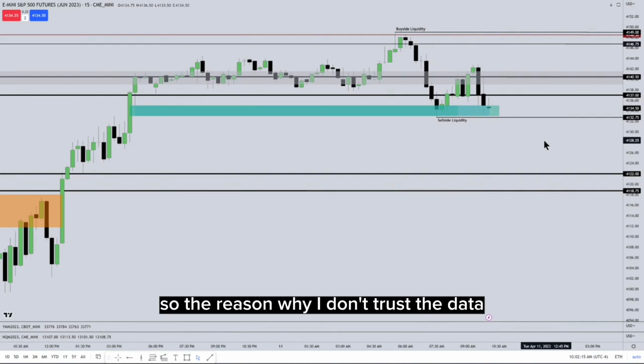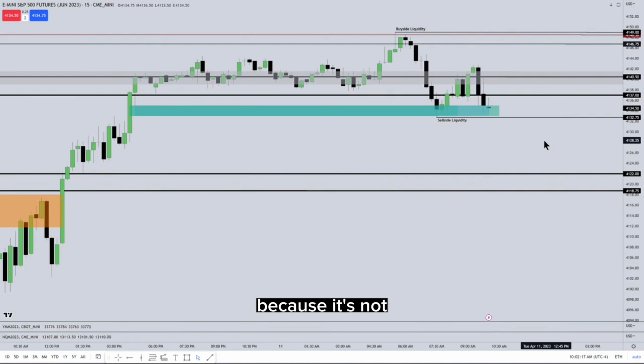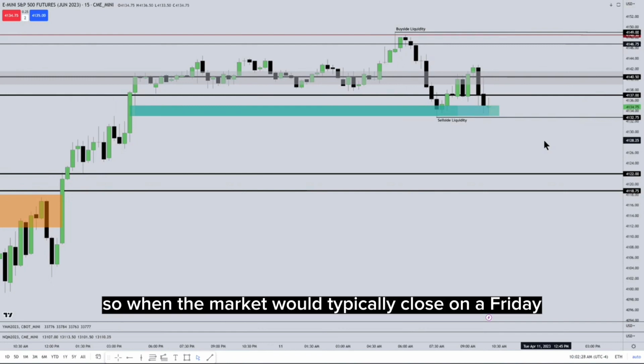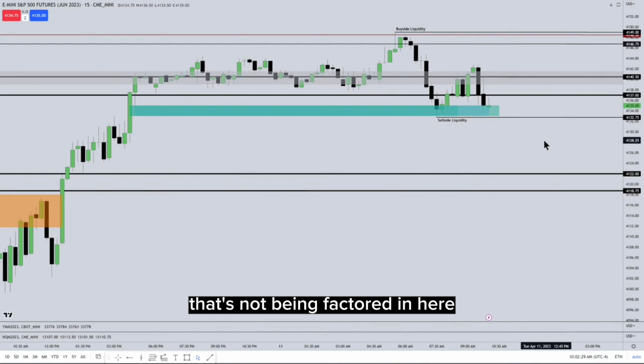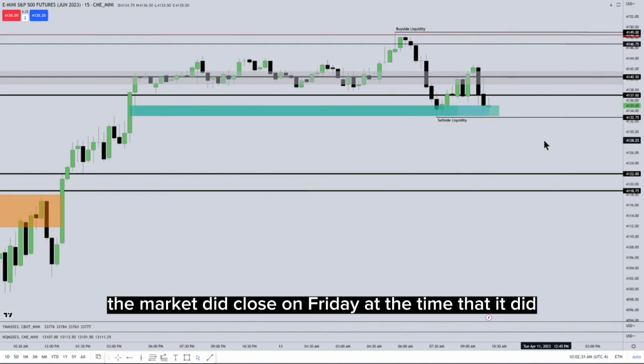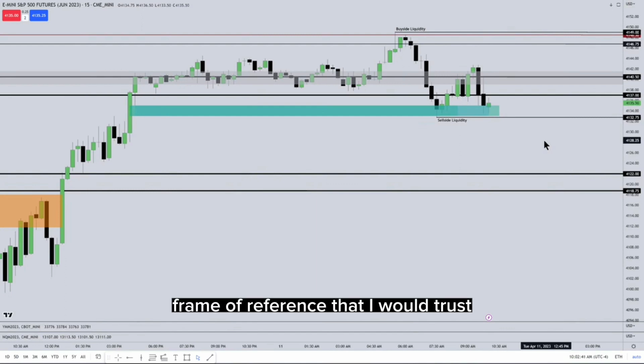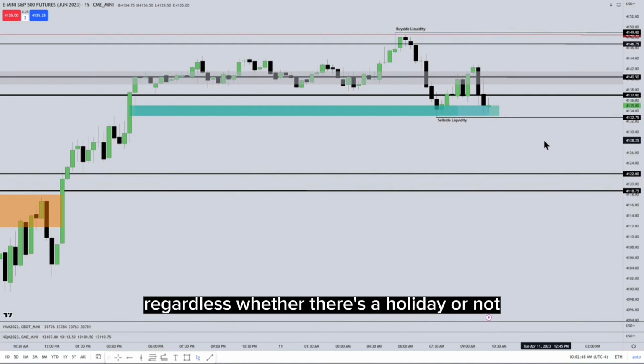The reason why I don't trust the data is because it's not based on actual market normal times. When the market would typically close on a Friday, that's not being factored in here. Even though, yes, the market did close on a Friday at the time that it did, I just elect not to do that because it makes me rely on another frame of reference that I would trust regardless of whether there's a holiday or not.